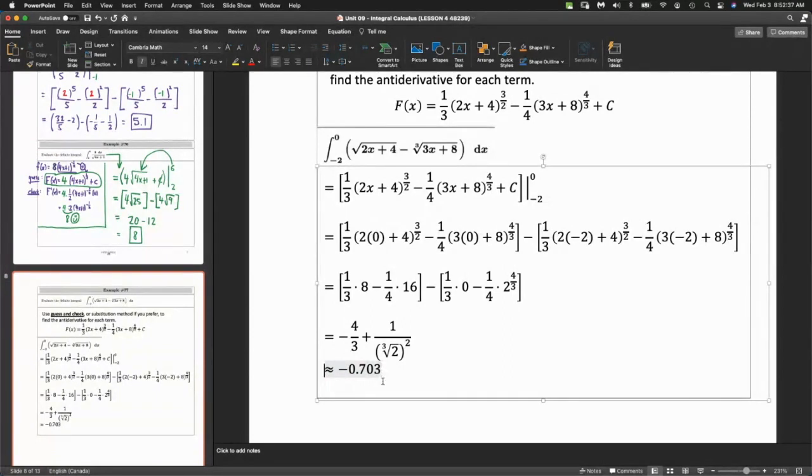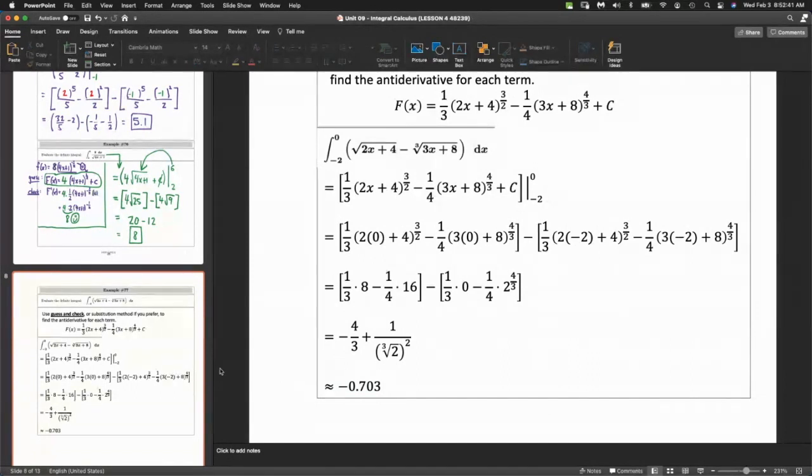-0.703. Anybody in the chat actually get that number? If you got that number, -0.703, and that was it, and you're good, that's very impressive because this question is not fun. Oh, very good work, people. Yeah, even Nikita, even if you're close, what was your number? Do you remember what your number was there?